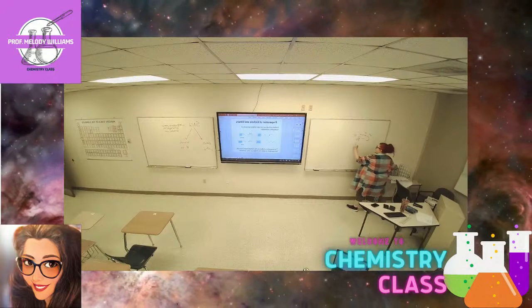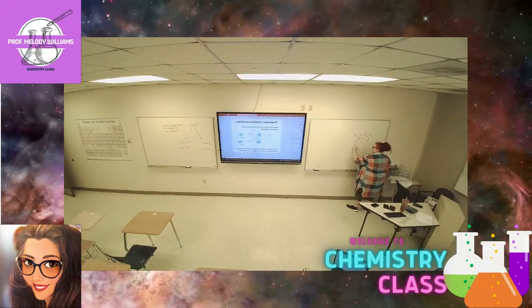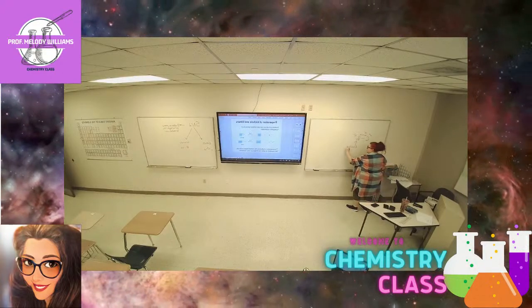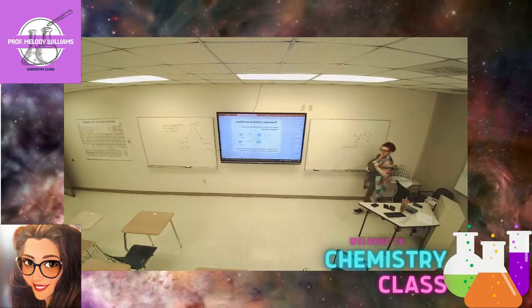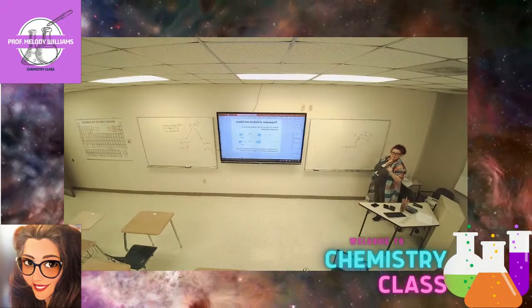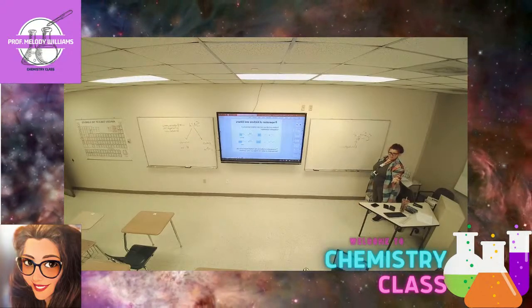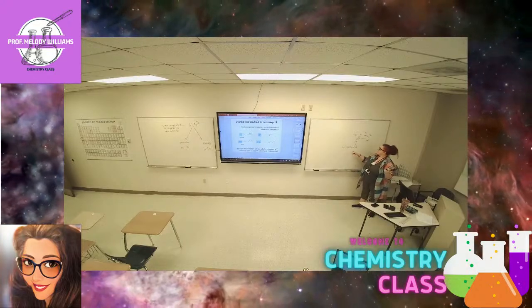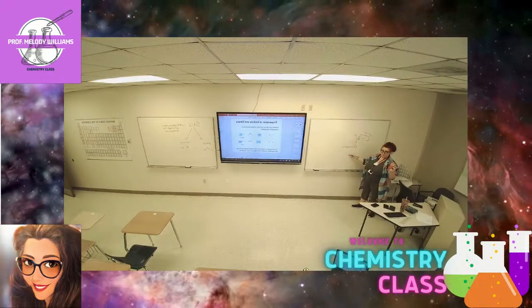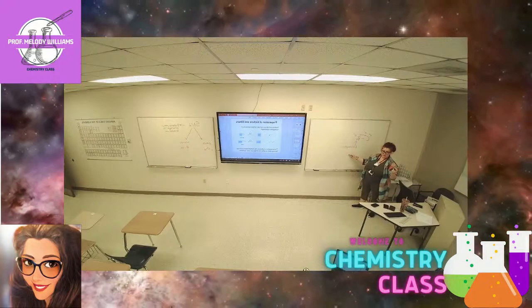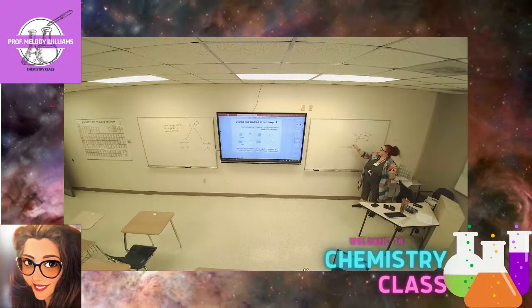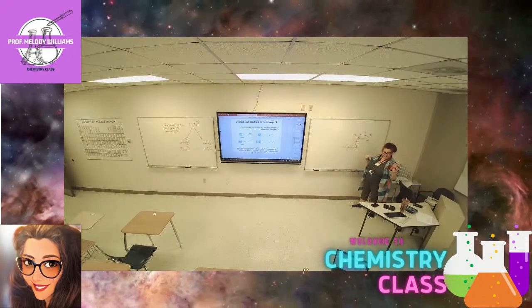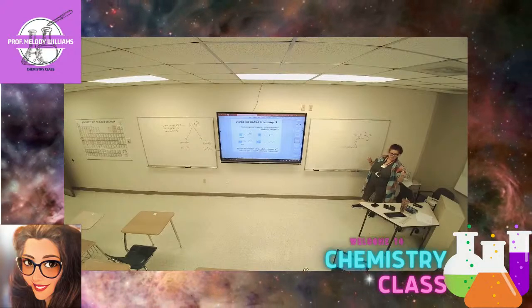Bromine. Since it's attracted to positive charges, this is our nucleophile, right? Phile means loving, right? So if it loves positive charges, it's going to be a nucleophile. Why does it like positive charges? Because it's got that partial negative, right?